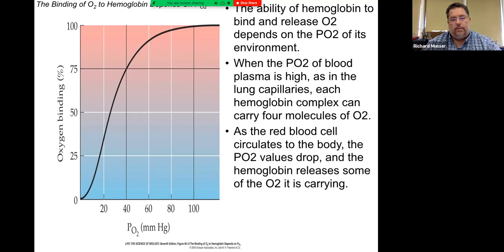You don't really see a drop off until about 40% of the dissolved oxygen in the blood is gone before you really see it liberate more oxygens from the hemoglobin. So you have to lose a lot of oxygen in the blood plasma for the unbinding of the oxygen from the heme group to take place.